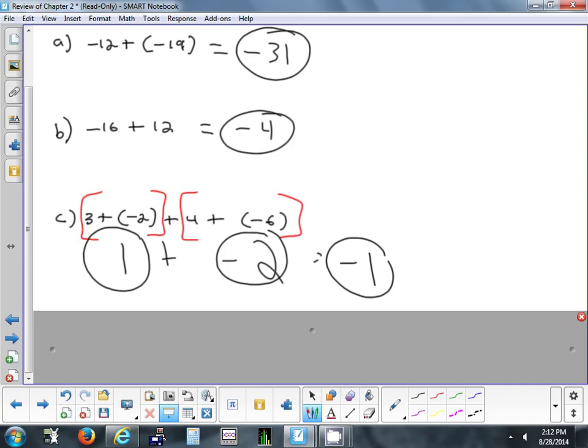You can't add in your own grouping symbols and decide, I'm going to do that first. With addition, it's okay though, because addition is commutative. So if you had something like 3 minus 2 plus 4, I cannot add grouping symbols like that. It's going to give me a different answer than the original problem, because of that minus sign.